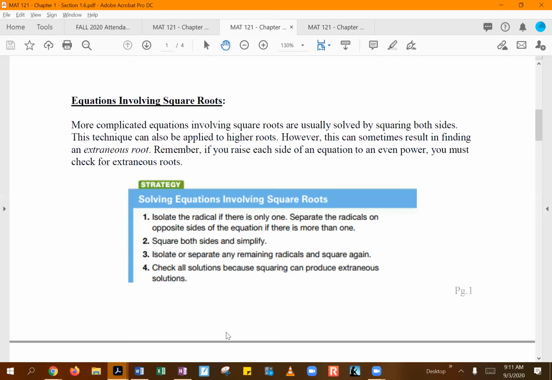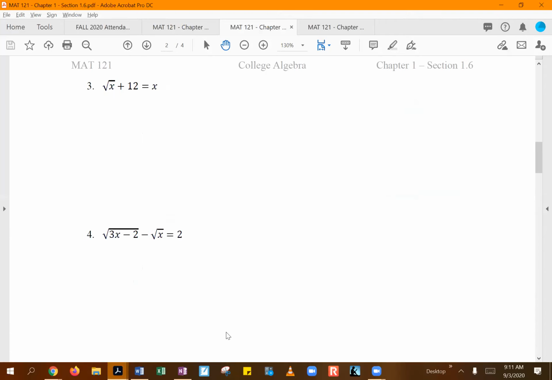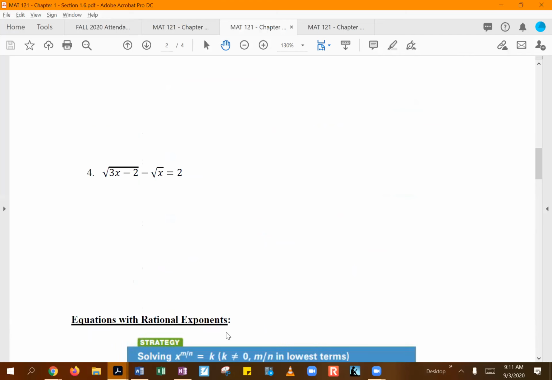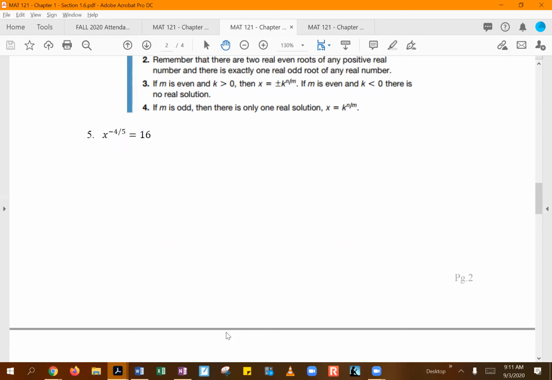Now, we also have other types of equations that we are looking at here. So we've got equations that involve square roots, so that would end up looking like a couple of these examples over here. You can also have equations that have rational exponents, so you will see we've got a fraction in our exponent over here.